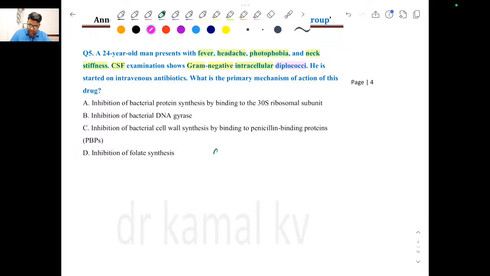So here, clinical presentation: fever, headache, photophobia, neck stiffness. This all goes in favor of meningitis, right?